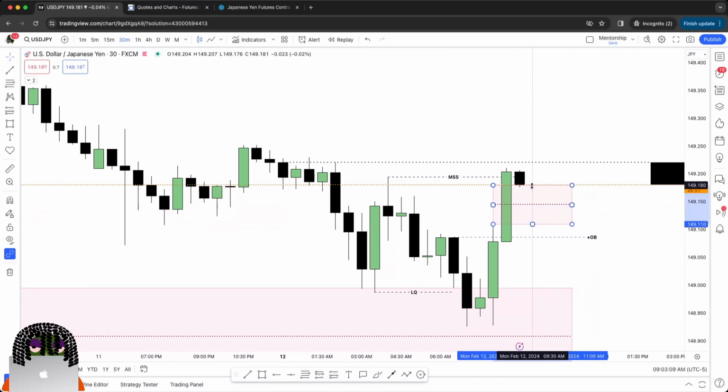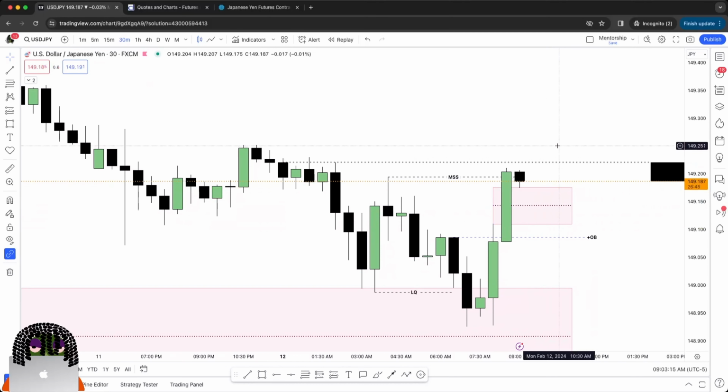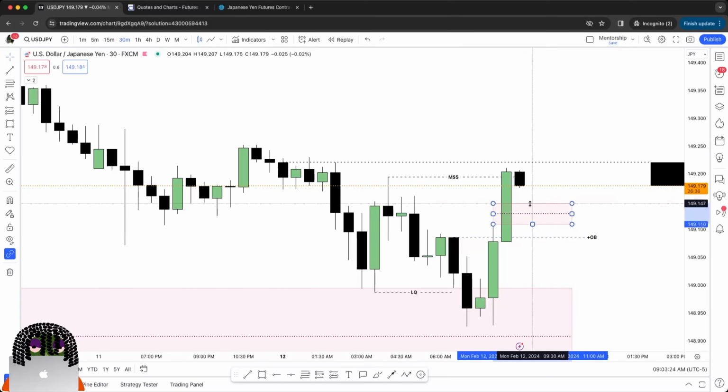So we trade it lower, fix that. Yeah, so that's why I like just waiting, right? I like waiting until this candle finishes printing, so I could do my box.